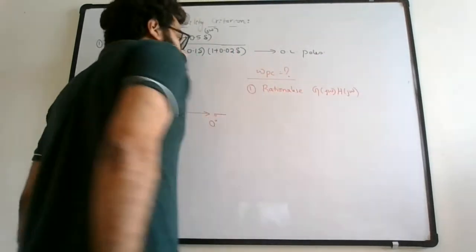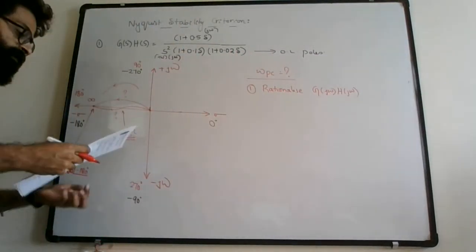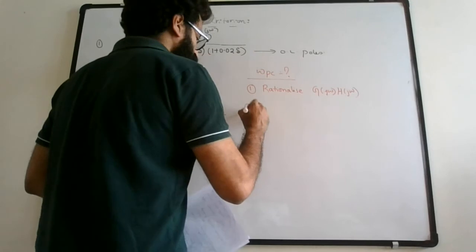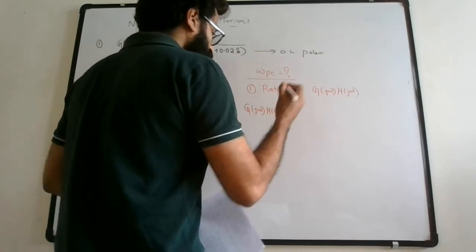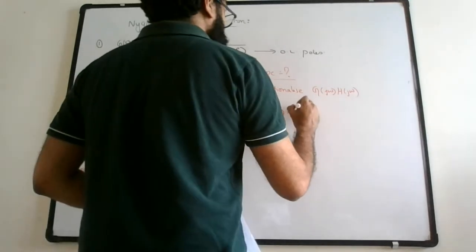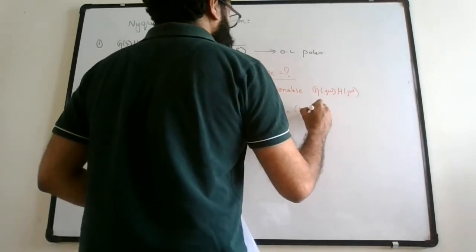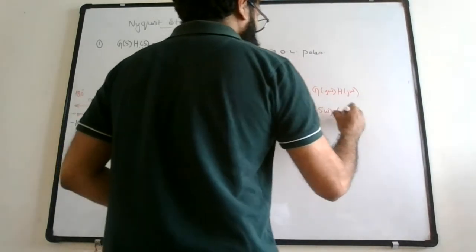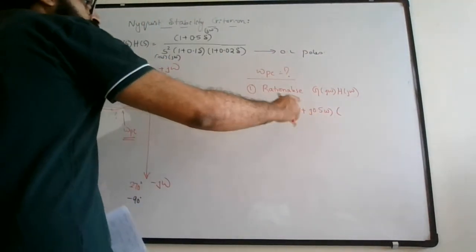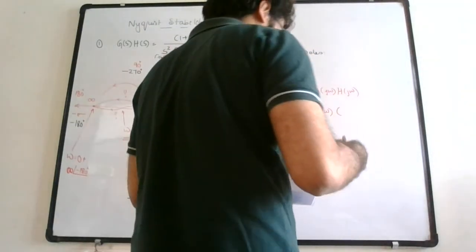That is, you need to rationalize the transfer function. So how do you rationalize it? You have g of j omega into h of j omega equal to 1 plus j 0.5 omega, so you multiply with its conjugate.